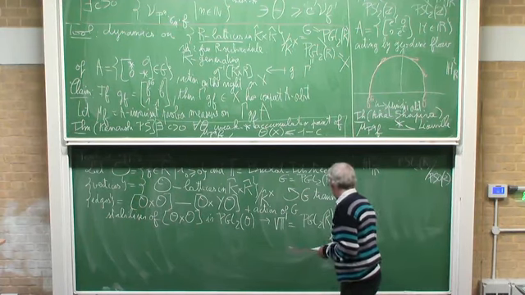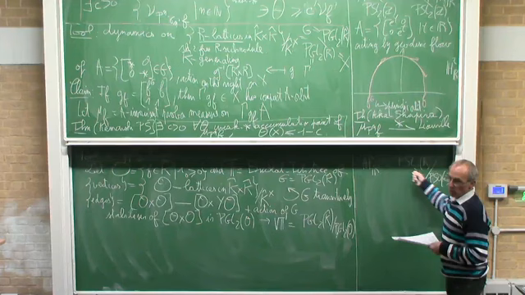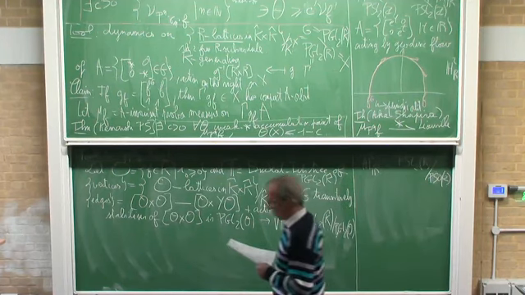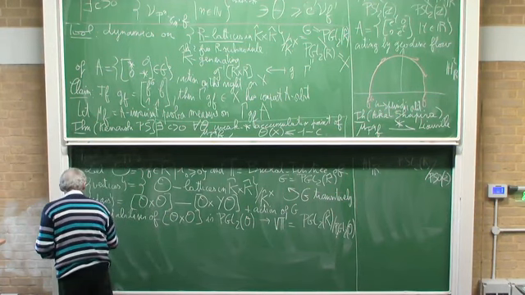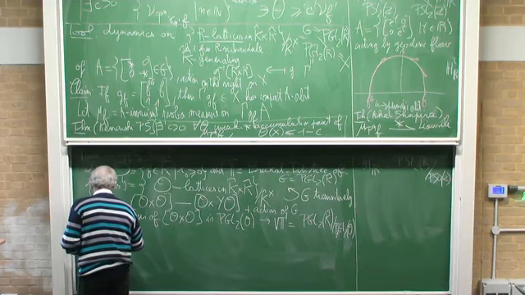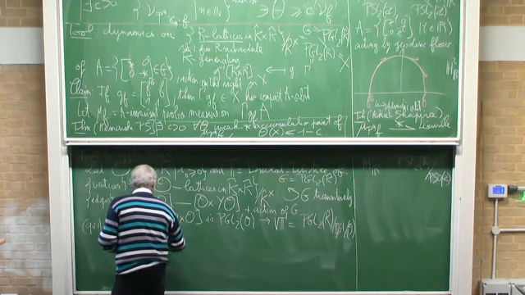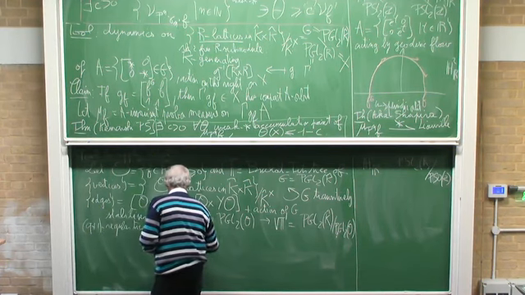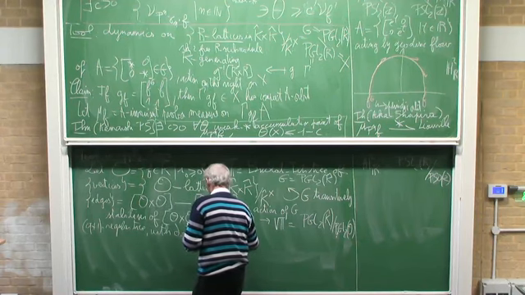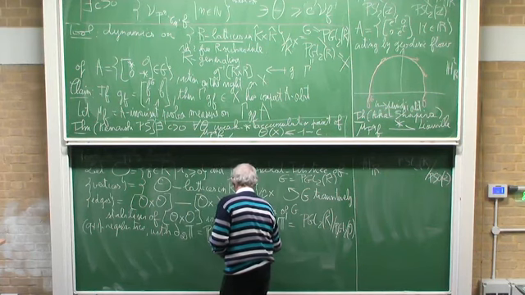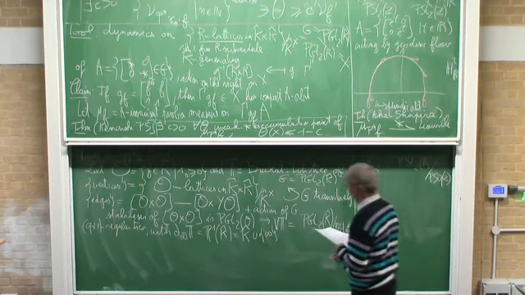Note the analogy here: this is a maximal compact subgroup of this group, in the same way as PSO2 is a maximal compact subgroup in PSL2 of R. So this tree is a Q plus 1 regular tree with a space at infinity, a projective line of K hat, which I identify with K hat union infinity.